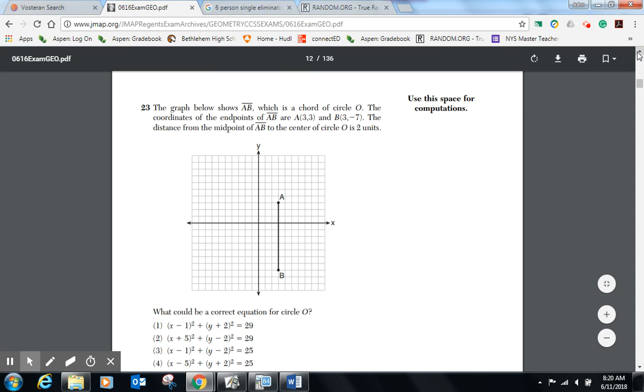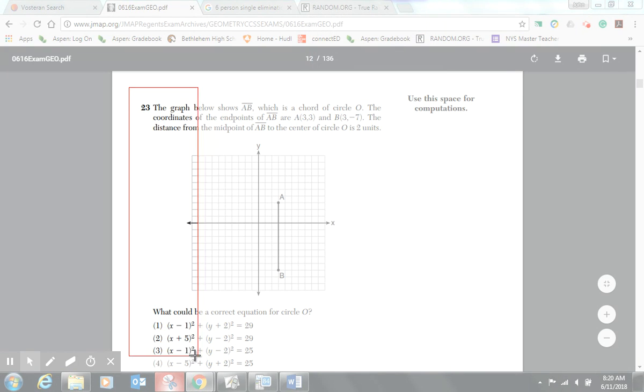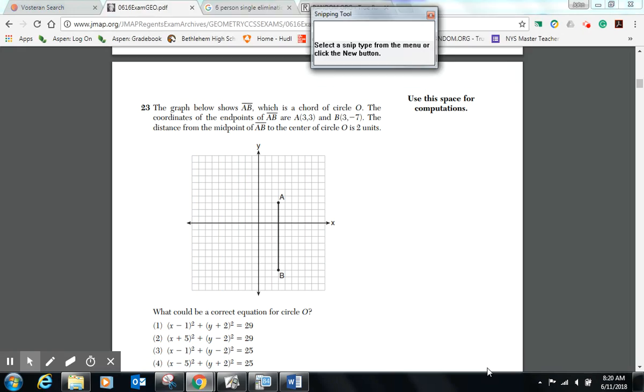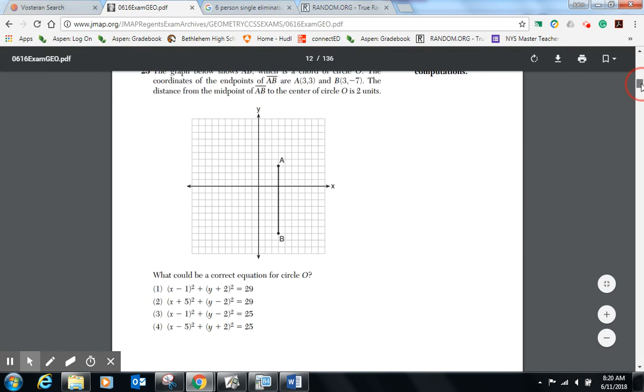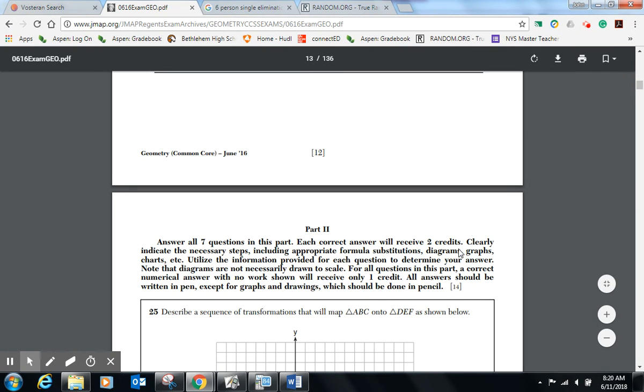Okay, 23. Little circle question. June 16.